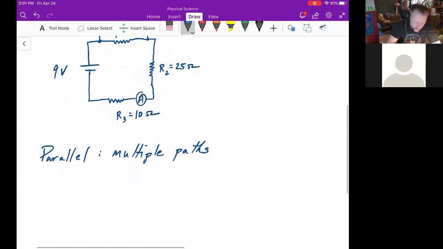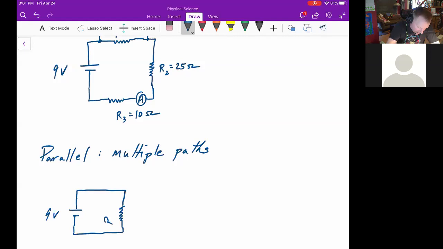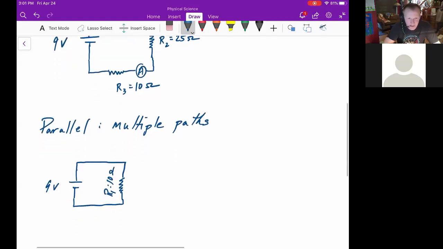So our first circuit, our 9 volt battery with wires coming out of the top and bottom, would go around and it'd have just a single resistor in it. And this would be our R1, which is 10 ohms.